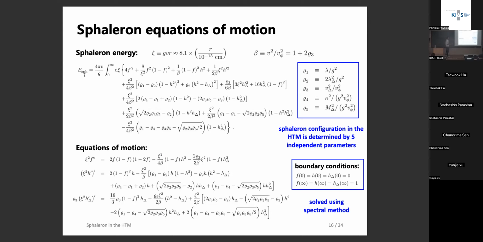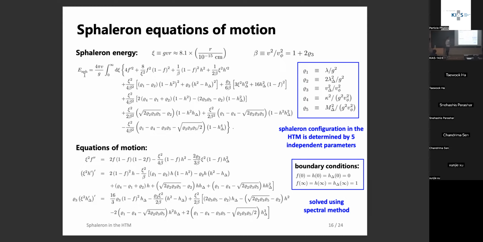And we can see that the Sphaleron energy and the Sphaleron configuration in the Higgs triplet model only depend on 5 independent parameters, from rho 1 to rho 5. Here rho 1 is the parameter proportional to the quartic coupling of the doublet scalar, and rho 2 is connected to the trilinear interaction between the doublet and the triplet.